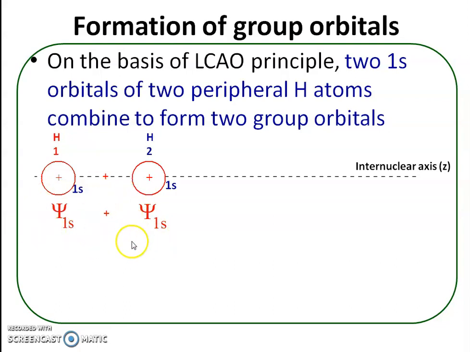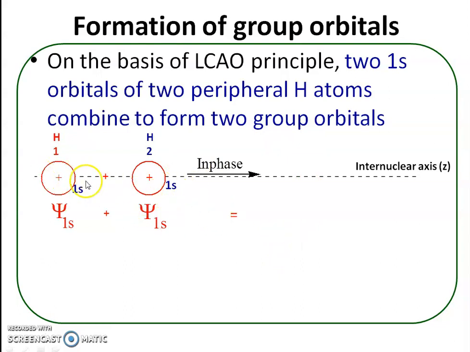So this is an addition combination, and it is also called an in phase combination. So in phase combination between the 1s orbital of one hydrogen and the 1s orbital of another hydrogen, having the same signs of wave function, results in the formation of a bonding molecular orbital.